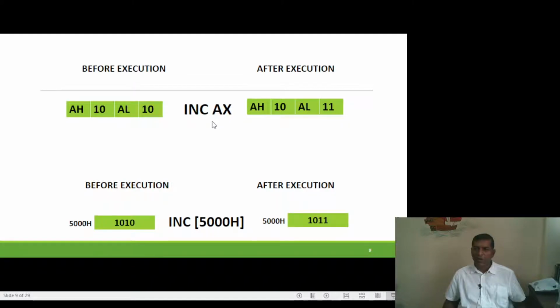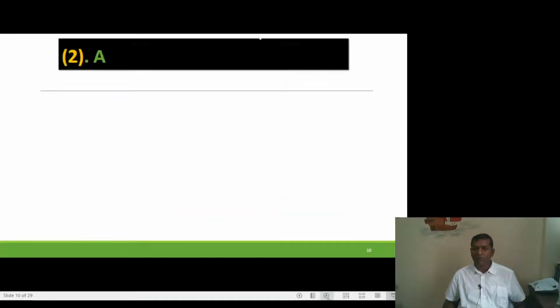So the contents of the AX register, 1010, are incremented to 1011. The same here: the contents at the 5000 location, 1010, are incremented by 1 to 1011.